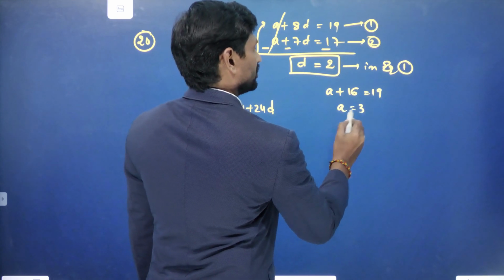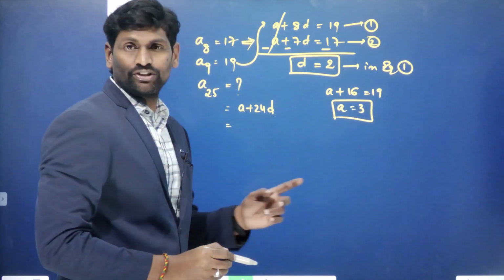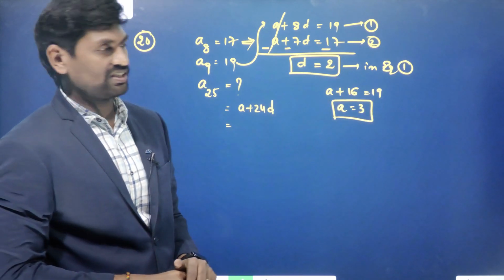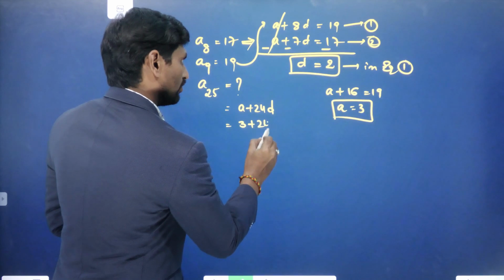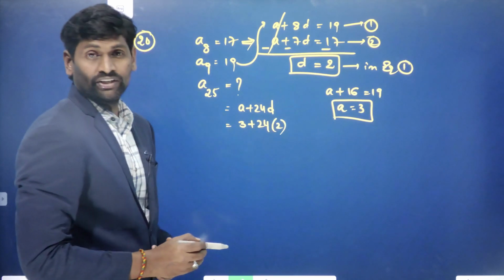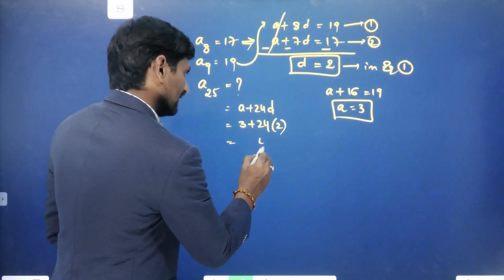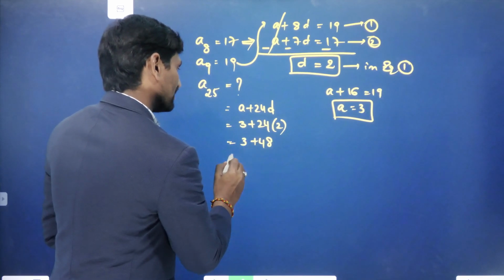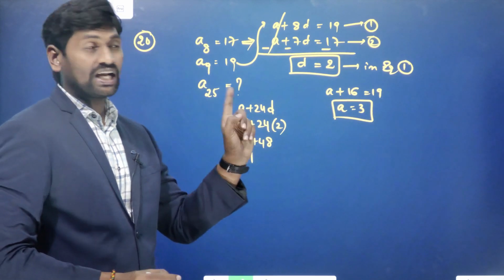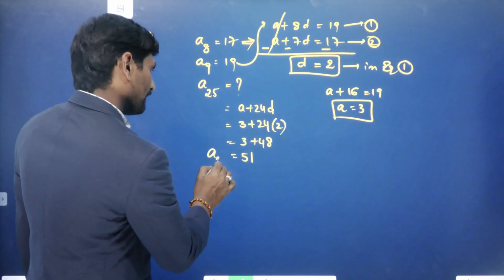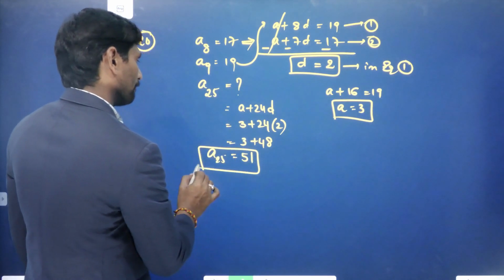A is equal to 3, because plus 16 when you transpose that side becomes minus 16. Okay? So A value is 3, so 3 plus 24 into D value 2. 24 times 2 is 48. 48 plus 3 is 51. So therefore the 25th term of the given arithmetic progression is 51.